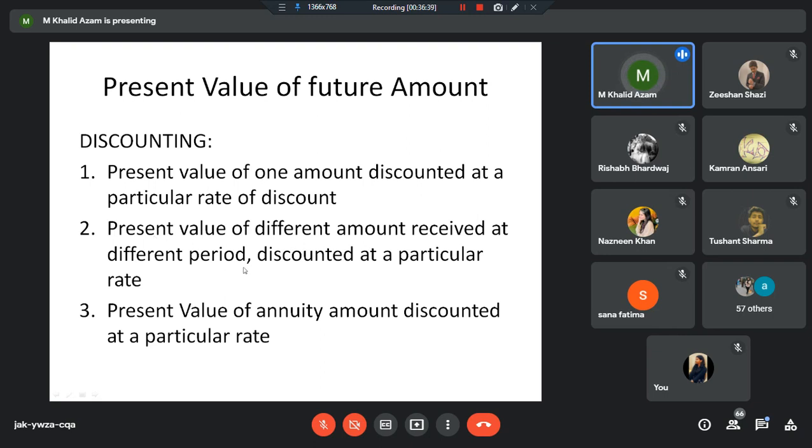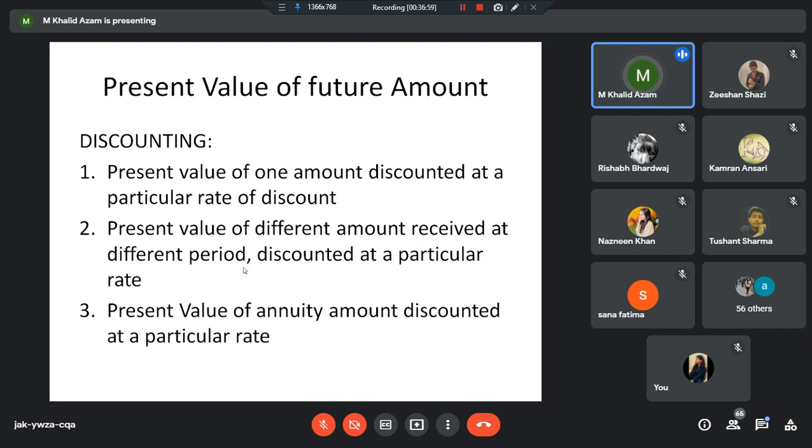Present value of different amounts received at different periods will also be calculated differently, because one amount you are getting after 1 year, another amount you are getting after 2 years. And suppose the amount is the same, but the finance people will say that its value is not the same. Early money is better money.